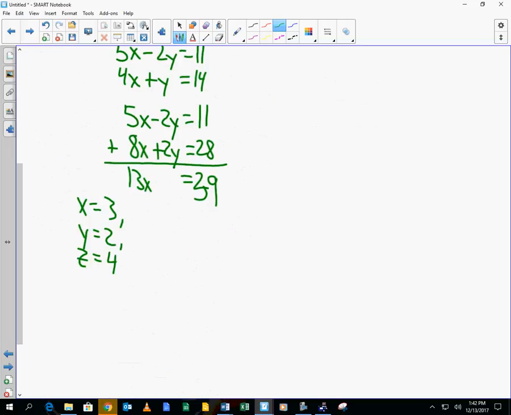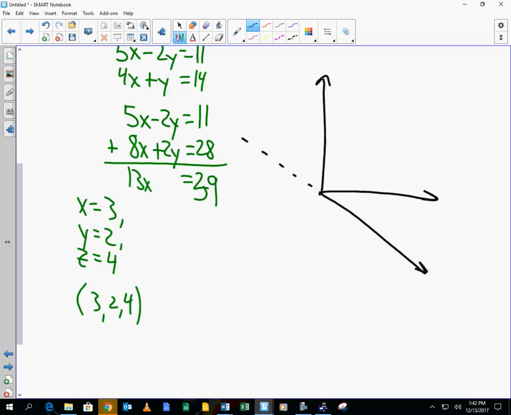So we have the coordinate 3, 2, 4, and I ask you, what the heck does it even mean? If you were to actually graph these 3 planes in a 3-dimensional space, they would have an intersection of what we call x, y, and z.